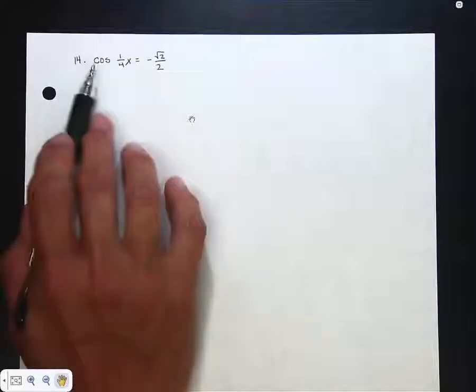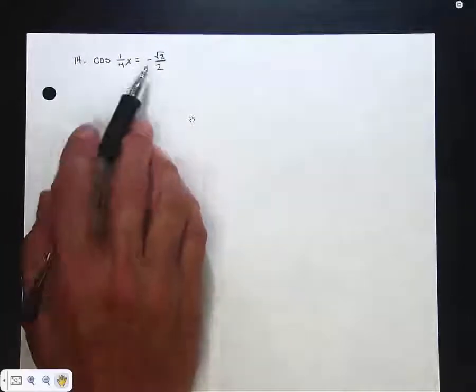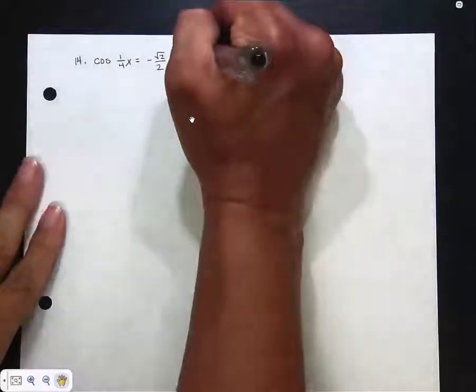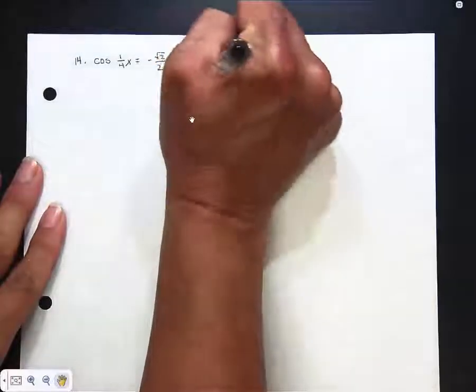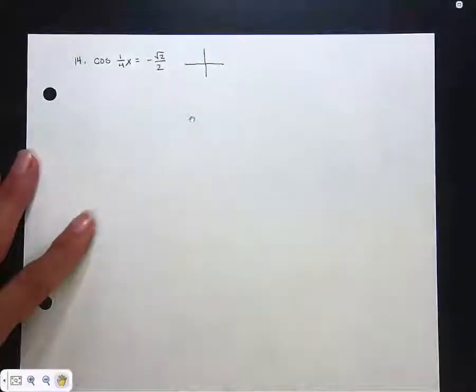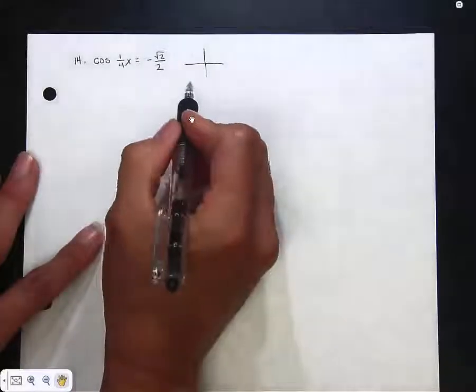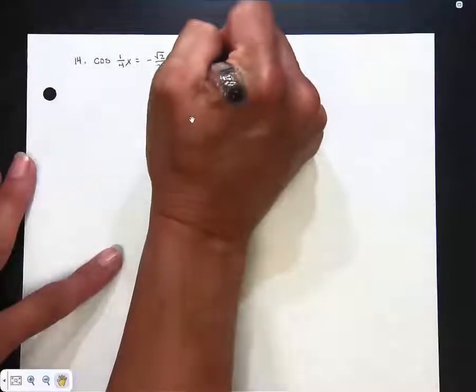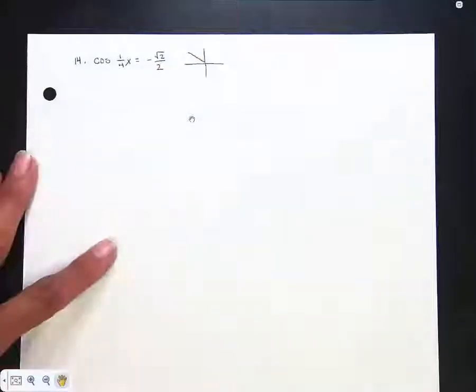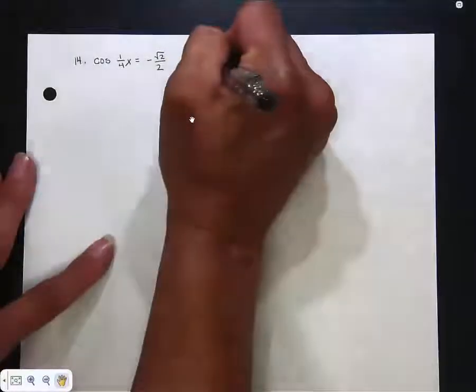And I know that cosine is negative in which two quadrants? Where is cosine negative? In the second and the third quadrant. So I just need the quarter pi that's in the second quadrant and the quarter pi that's in the third quadrant.